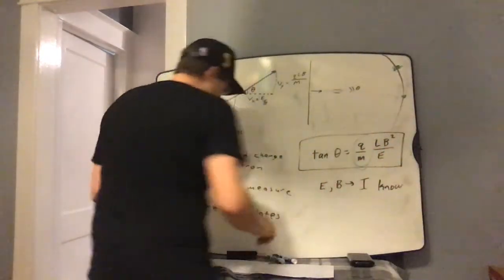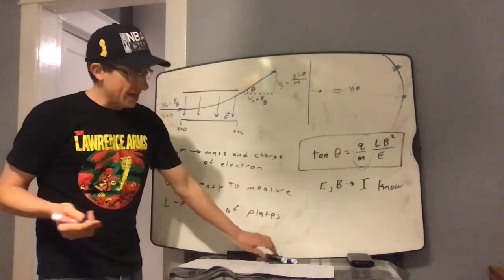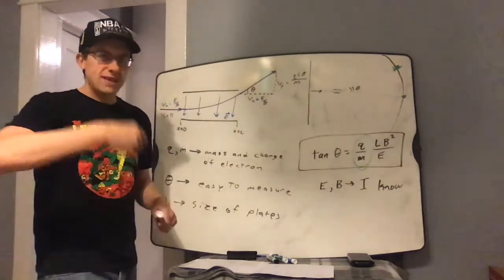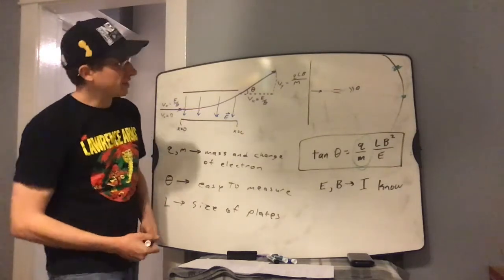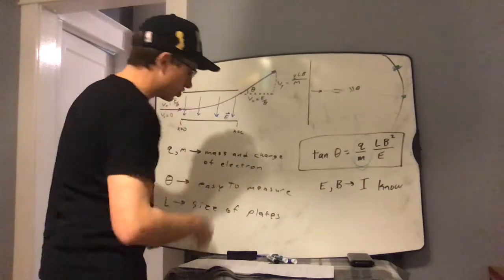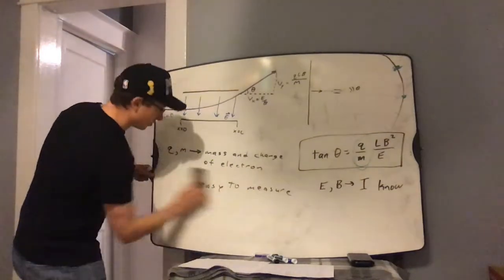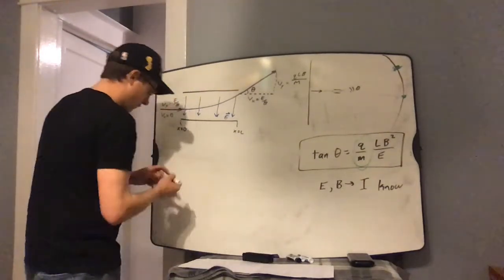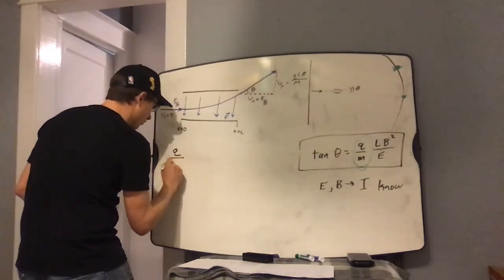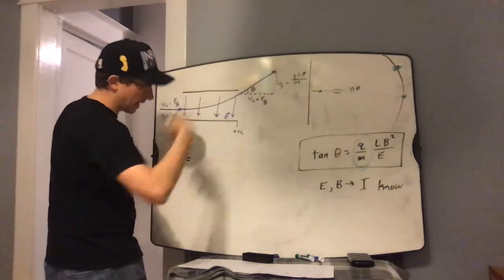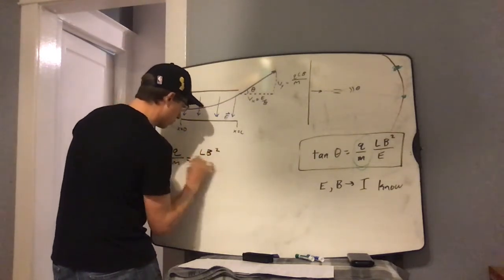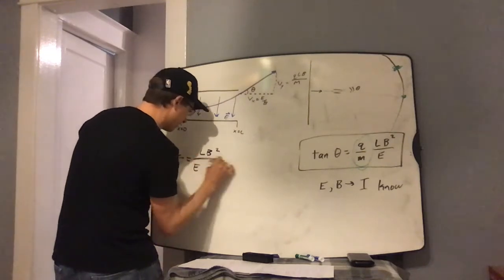Now, is a proton the same thing as an electron, just with the opposite charge? Well, if that were true, you would expect the exact same result. So if I rearrange this equation, I could say for the electron, Q over M is equal to, I build this experiment, L B squared over E tan theta.